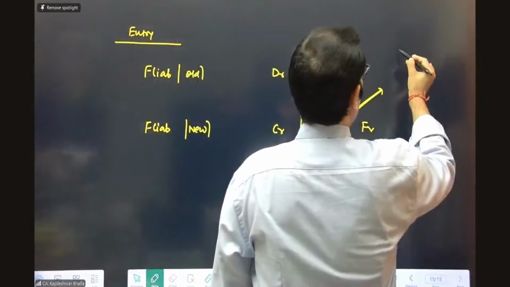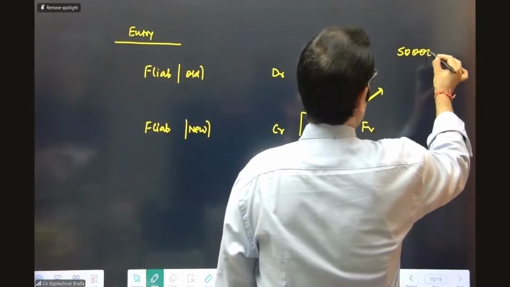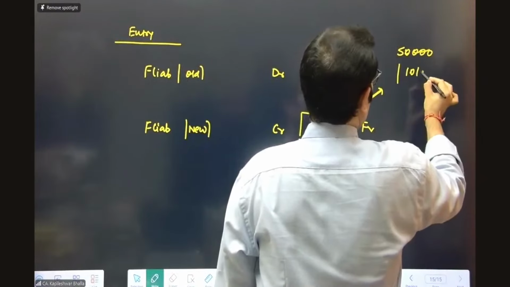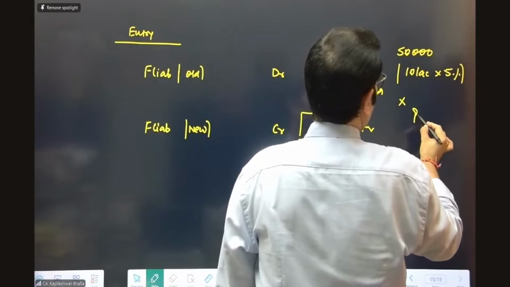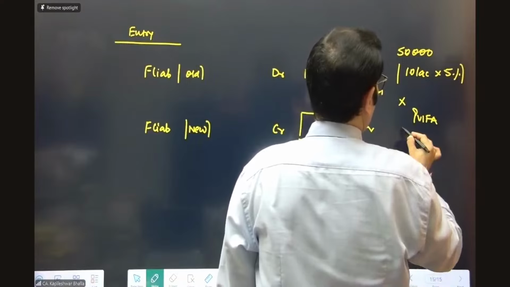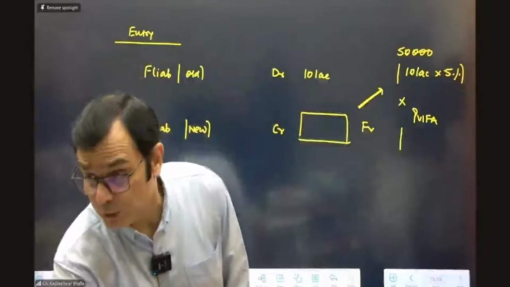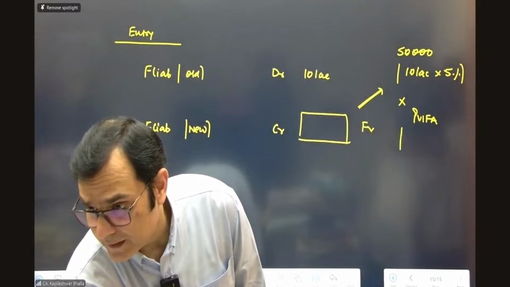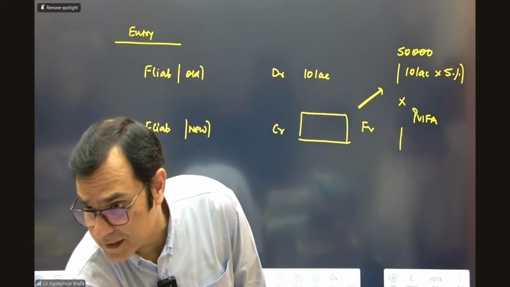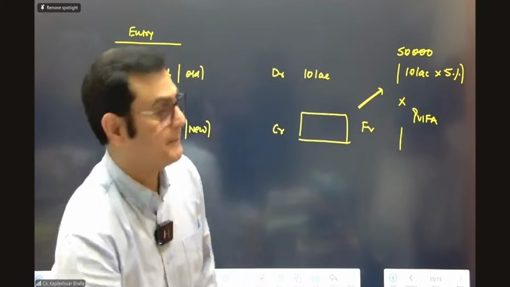So we can say we are going to pay 50,000 interest on 10 lakhs, the renegotiated interest being at the rate of 5%. We need PVIFA at the new rate, and if I consider the new rate given to me, it's 11%.